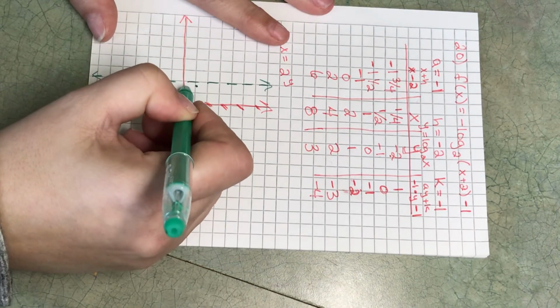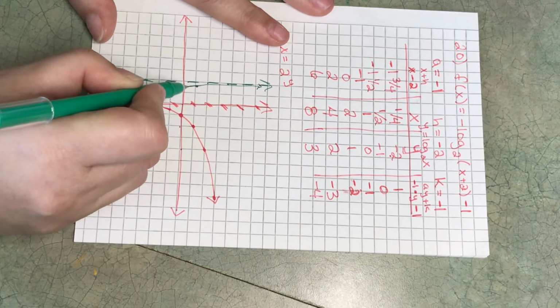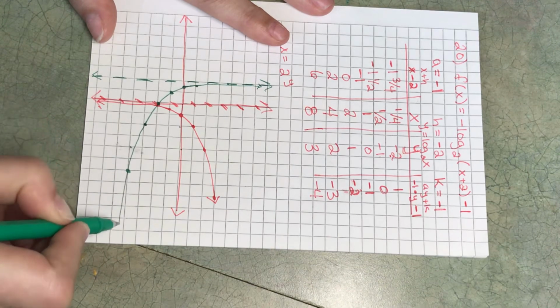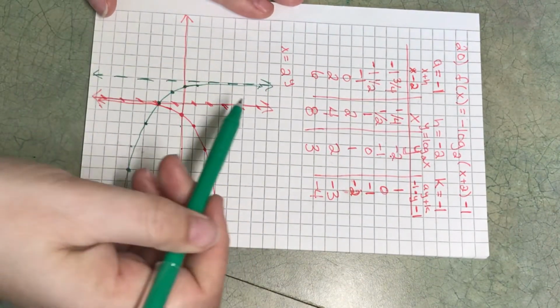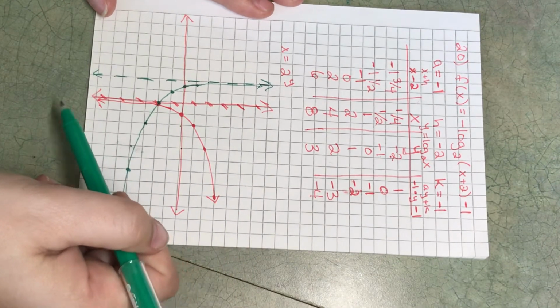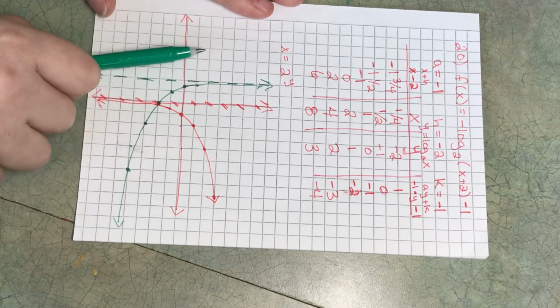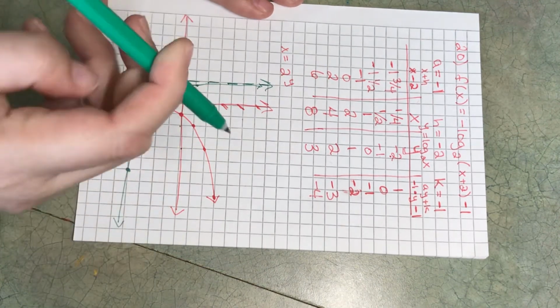So my graph has flipped upside down. Remember, a -a value flips the graph vertically, so it's flipped upside down, and then it's also shifted left and shifted down.